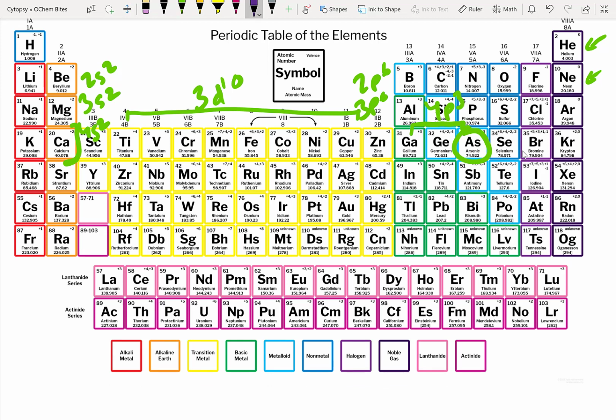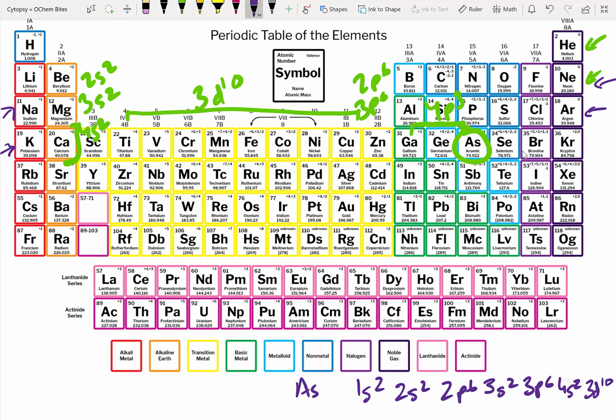Pretty cool, right? So for arsenic, the total electron configuration is 1s2, that's the first row, 2s2, now we fill the s orbital for principal number n equals 2, 2p6, now we're out here, 3s2, we've completed this, 3p6, okay, this is done, 4s2, that's these two, 3d10, that's all of this, including scandium.